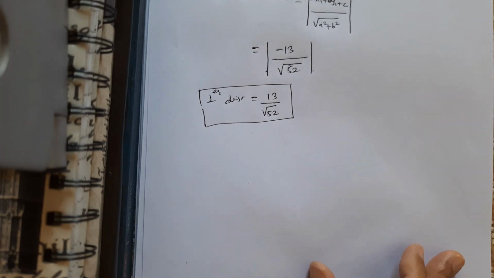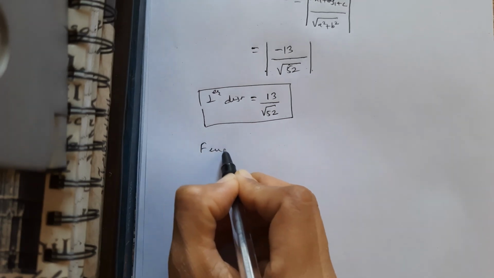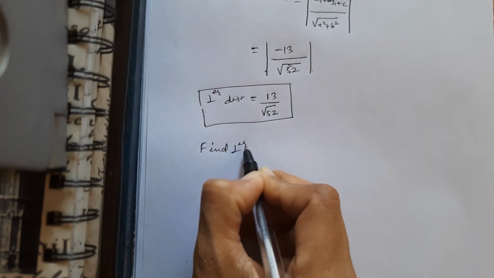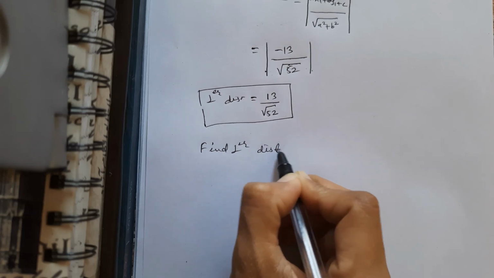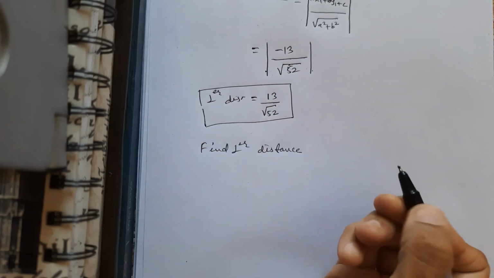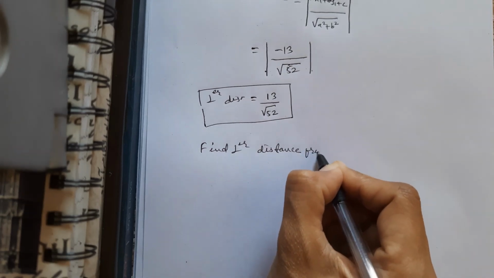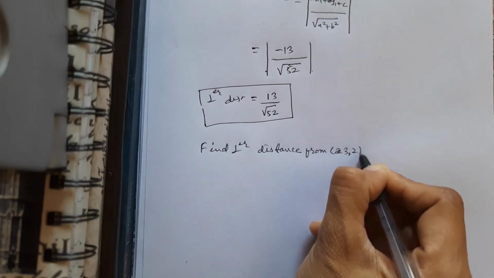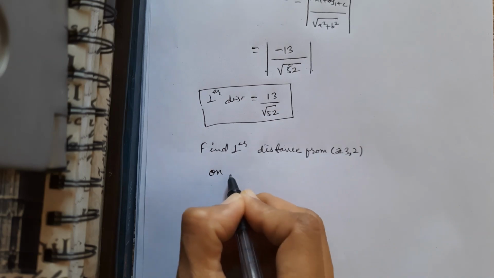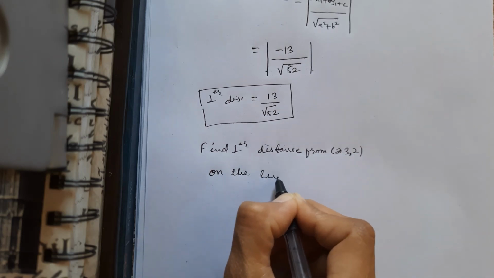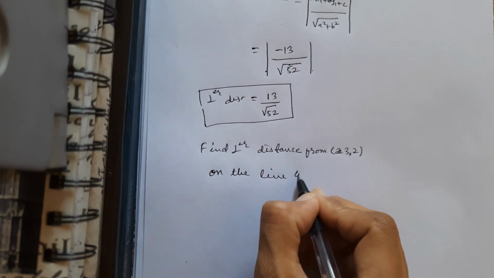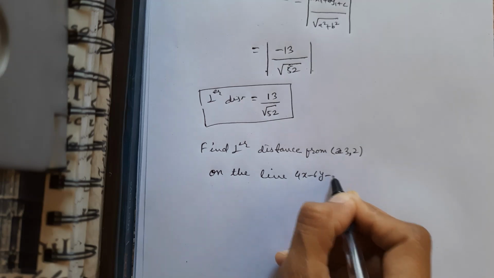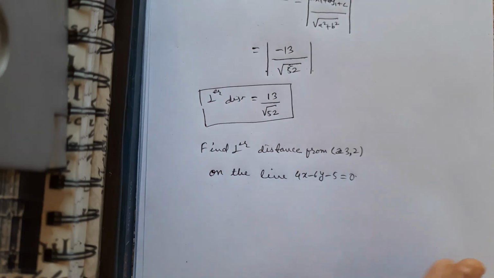Now suppose we find the perpendicular distance. Just ignore my bad handwriting. From the point given as 3, 2, on the line 4x minus 6y minus 5 equal to 0.